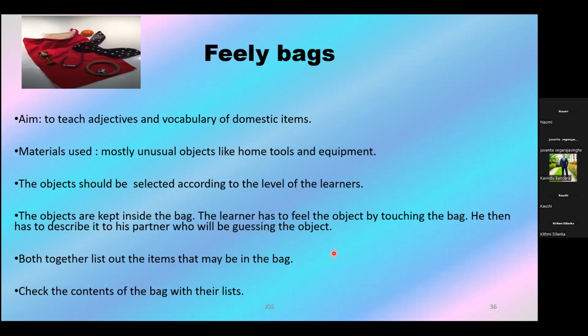And then they have to read out the list to the entire class. Once they have finished listing, they need to read out the list. So basically, reading skills are also getting addressed. It's a very good activity to practice with any level of learners, providing you have a bag and some equipment.